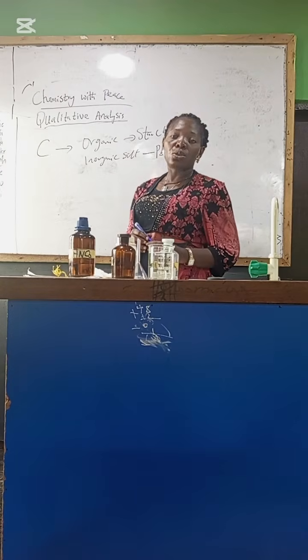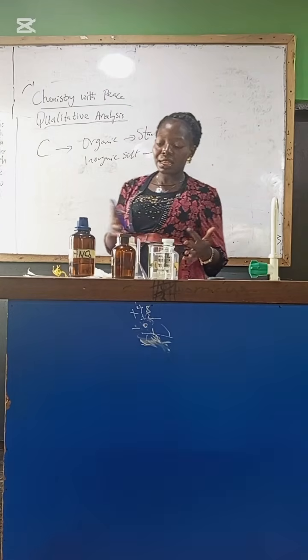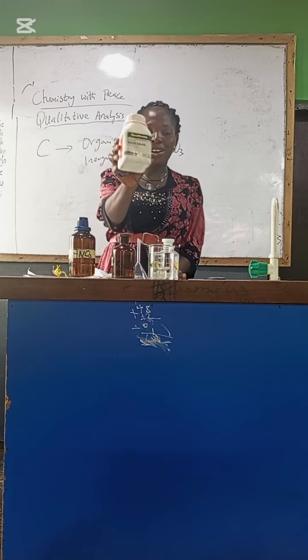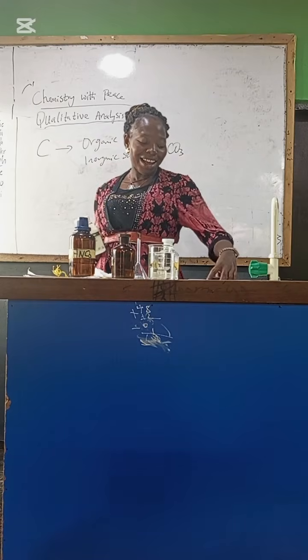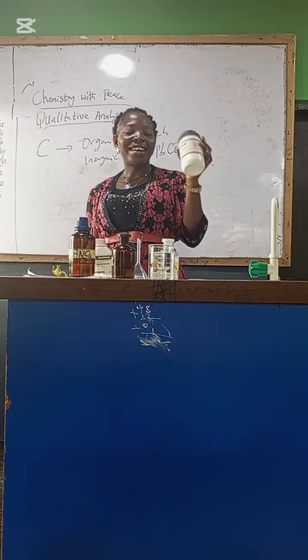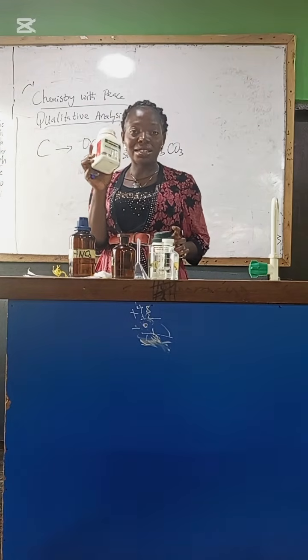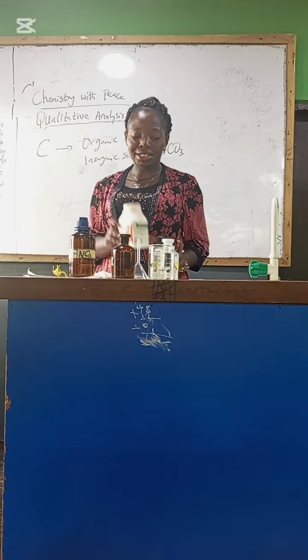We are given lead carbonate and then starch. And looking at them, here is our starch. Can you see very well? And then this is our lead carbonate, and this is our starch.